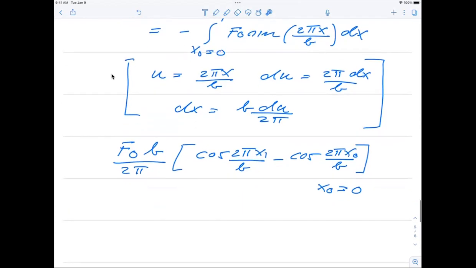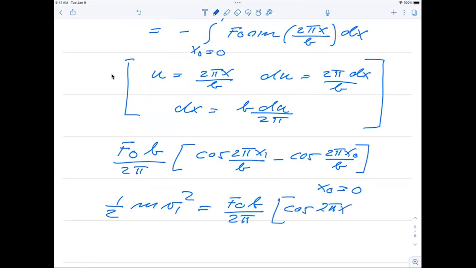So what we end up with is a simple expression which tells us that one half of m times v1 squared is equal to f0 times b divided by 2 pi, times cosine of 2 pi x1 divided by b minus 1. Here x1 is the final position.